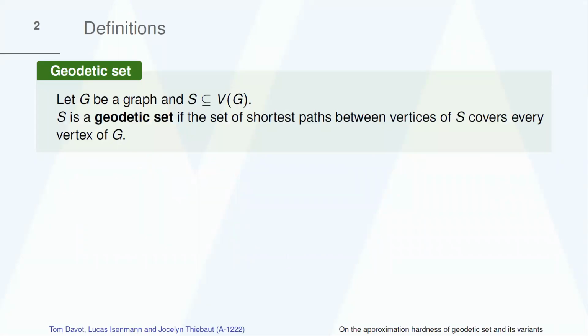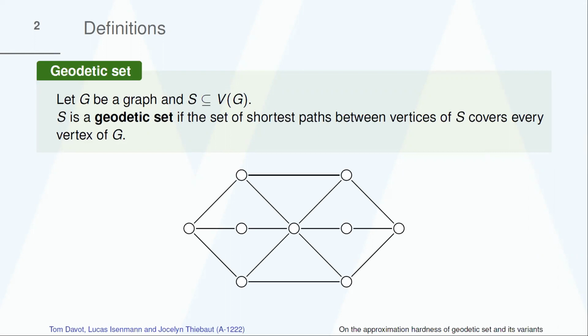So let's start with some definitions. A geodetic set, you take a graph. A geodetic set is a subset of vertices such that if you take the set of the shortest paths between those vertices, you cover every vertex of the graph.